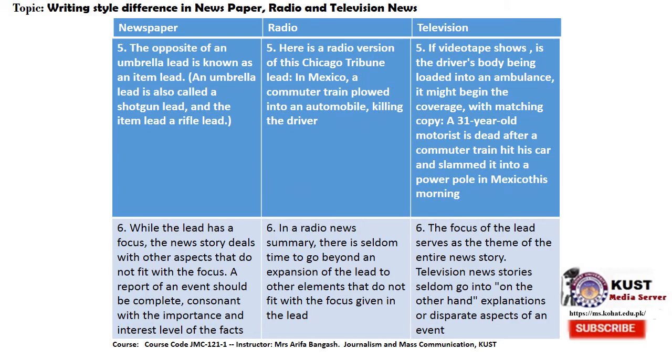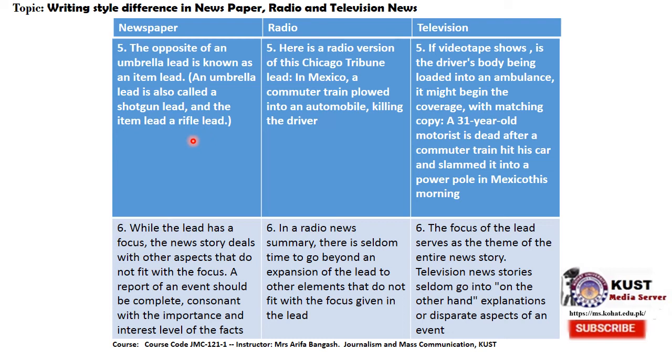As we mentioned above, the umbrella lead is known as the item lead. So now we will explain it with the details. An umbrella lead is also called a shotgun lead, and the item lead is called a rifle lead.